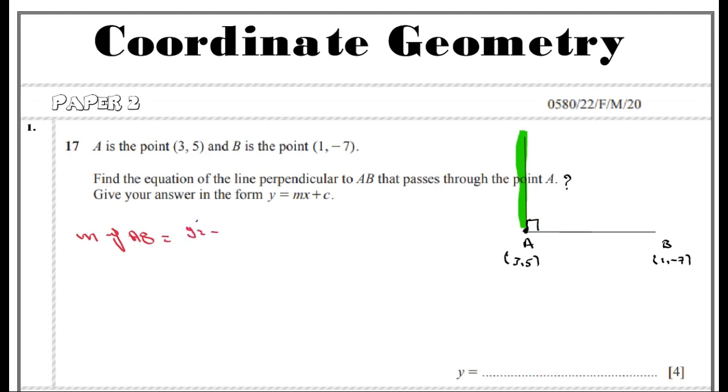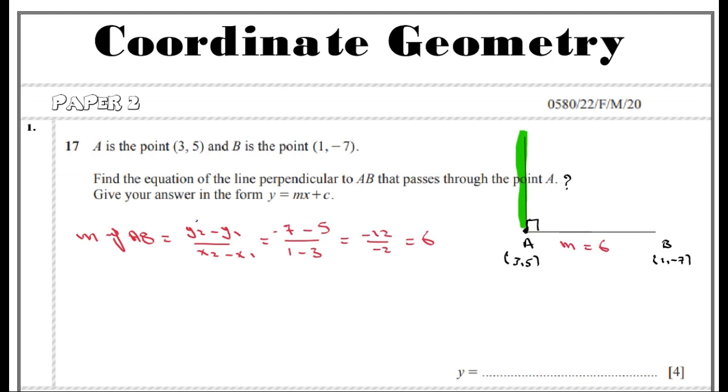(y2 minus y1) over (x2 minus x1), equal to (-7 minus 5) over (1 minus 3). Negative 12 over negative 2, and it is equal to 6. So the slope of AB is 6.